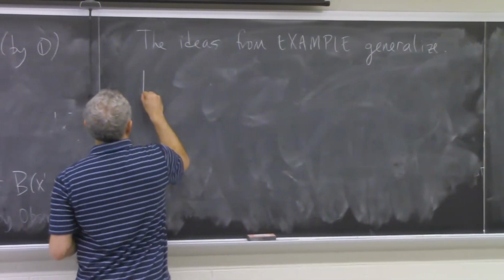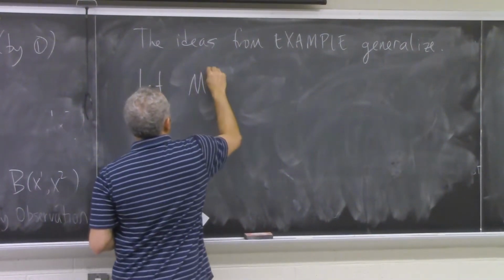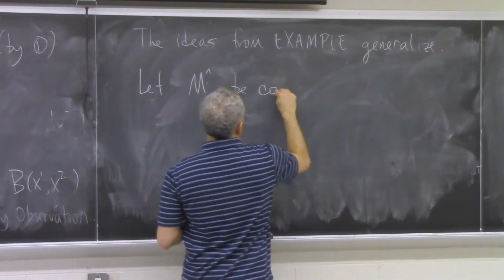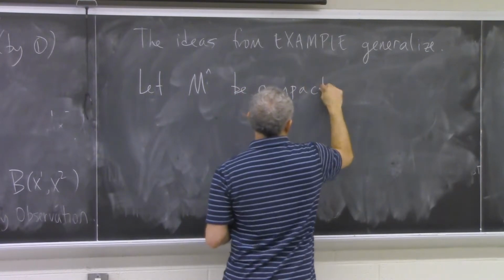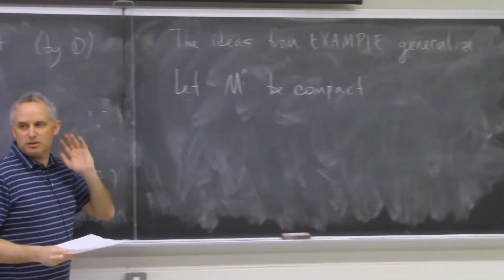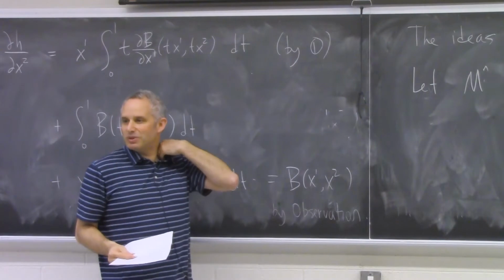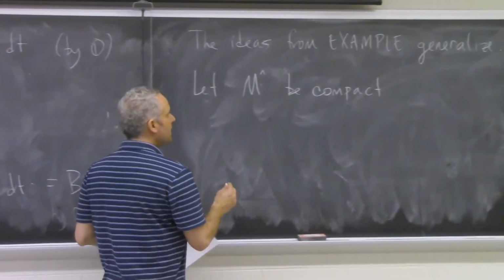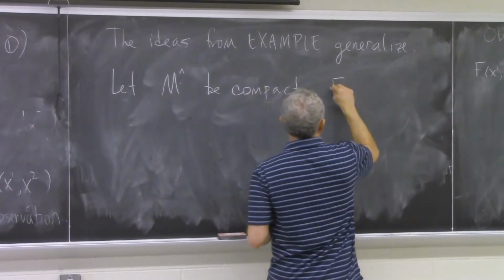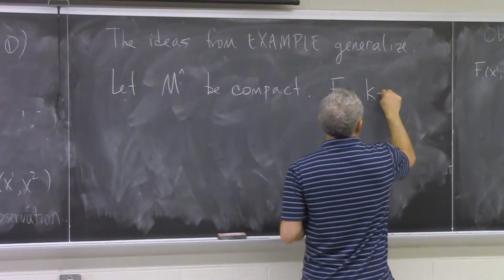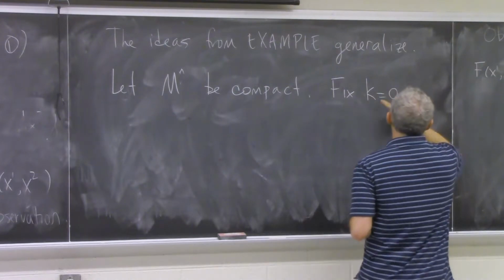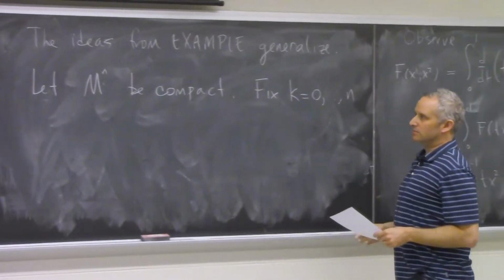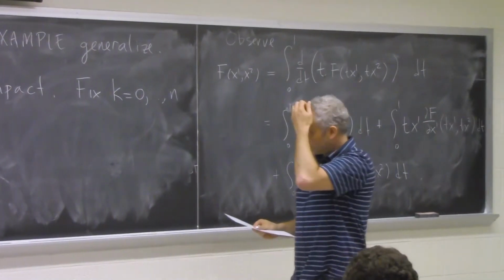So let's let M be an n-dimensional manifold, and let's let it be compact for simplicity. Doesn't have to be, but it's easier to talk about it quickly if we assume it's compact. And then let's fix some integer between 0 and the dimension.